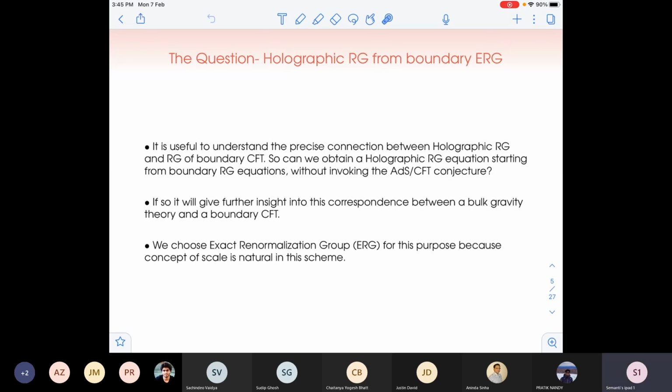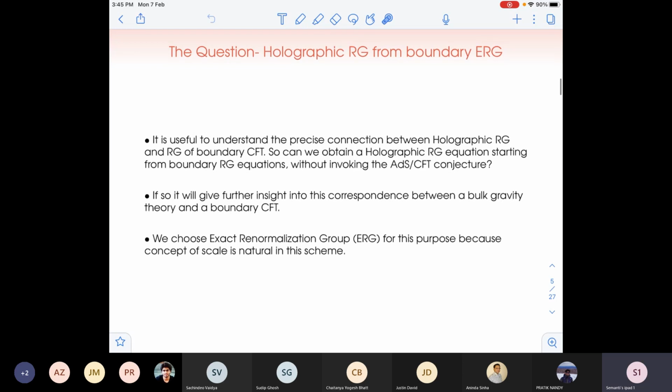Now the question is, can one make another holographic RG equation, which we start from the boundary RG equation, but we will not use the AdS-CFT conjecture, but we'll find the AdS action from that holographic RG equation? If someone can do that, that will give further insight into the correspondence between bulk gravity and boundary CFT. And we choose exact renormalization group for this purpose because the concept of scale is natural in this scheme.